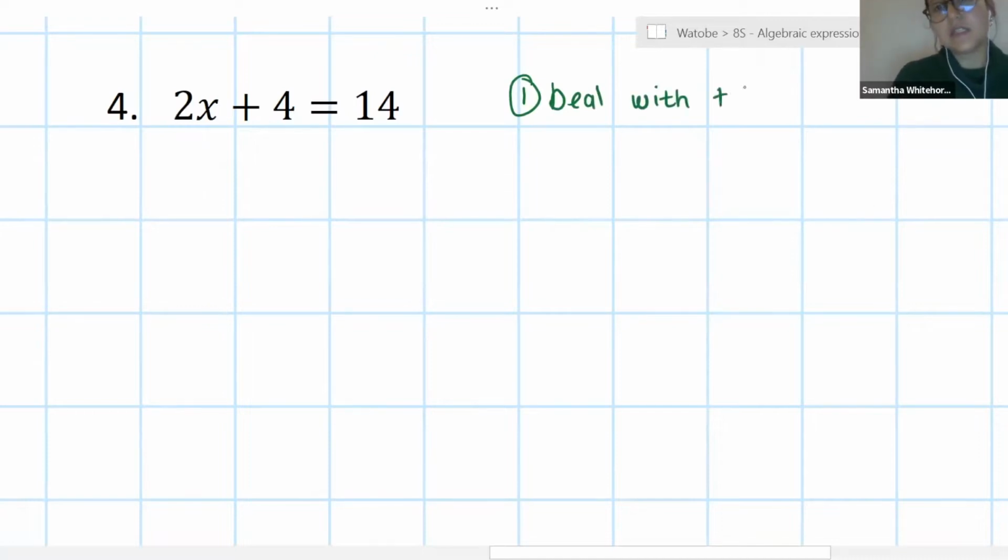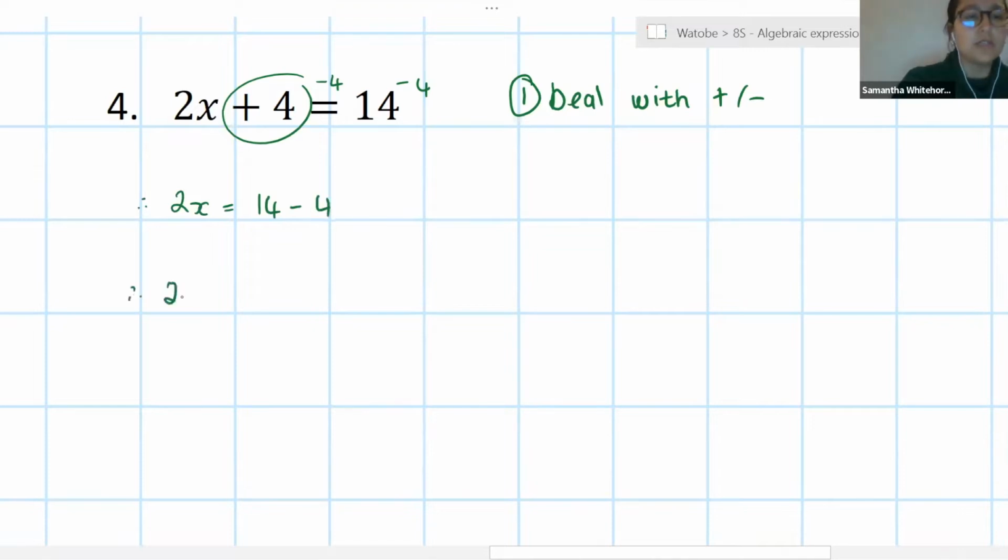Okay, so in this case, I want to deal with this plus 4 first. That's the thing that will, once I've dealt with it, my life will be easier. Inverse operations tells me I need to subtract 4 on both sides. So I'm left with 2x is equal to 14 minus 4. Now we know that 14 minus 4 is 10, which is where that 10 came from in Lunga's explanation.